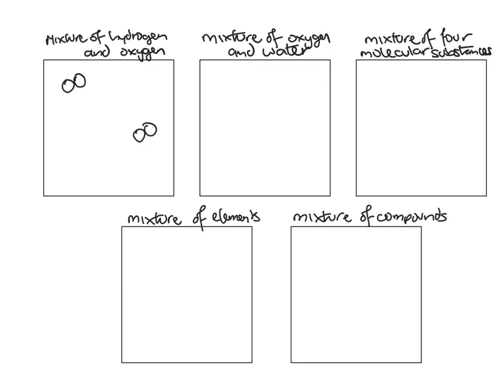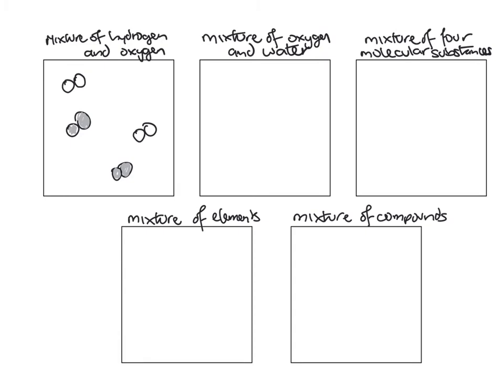And then oxygen was also 2 atoms stuck together, but what I need to remember is I represented oxygen by having them coloured in grey in the centre, and I'll put a couple of those in. So I've got more than one type of molecule in my box that aren't chemically joined together, so that's one type of particle. That's the second, so that means I've got a mixture of hydrogen and oxygen.